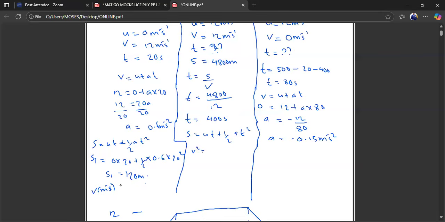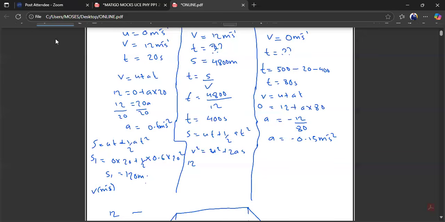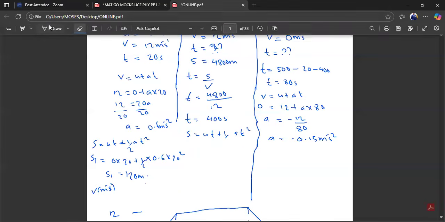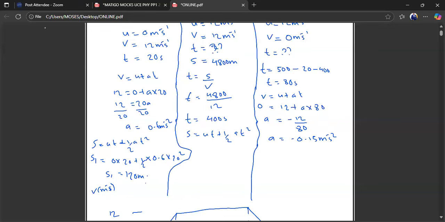Now, in the second stage, S is equal to UT plus a half at squared, or I can even use V squared equals U squared plus 2AS. Let me use the second equation. Here my S2 is going to equal initial velocity.